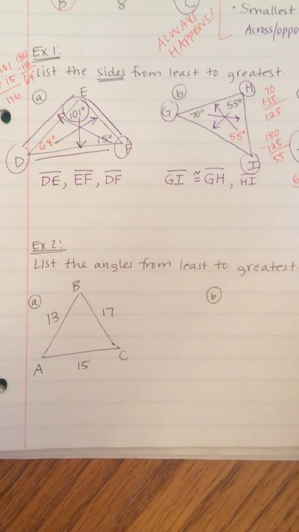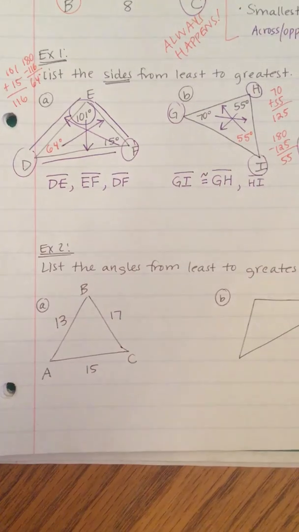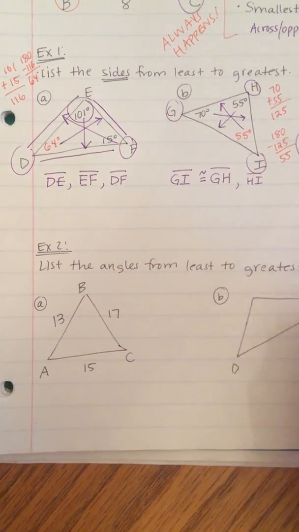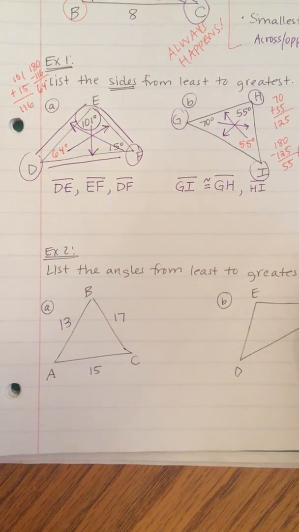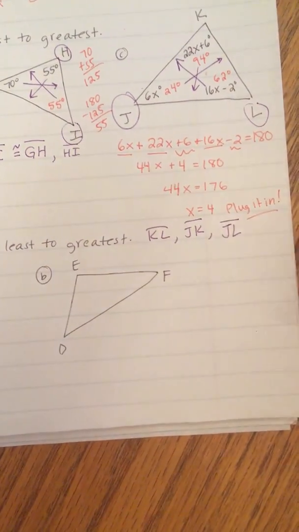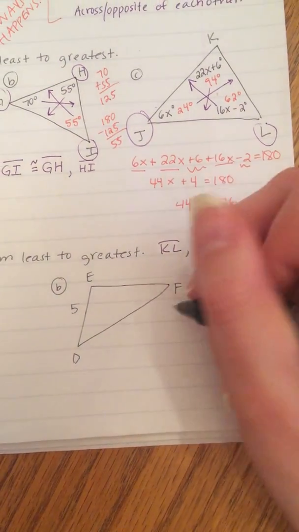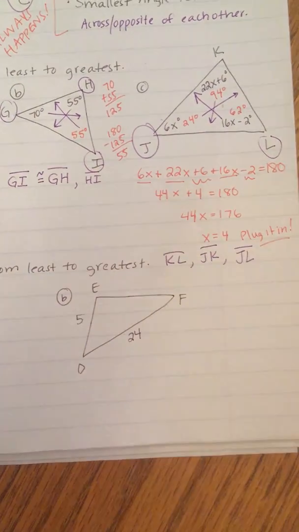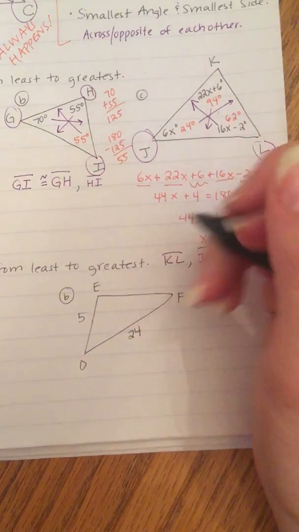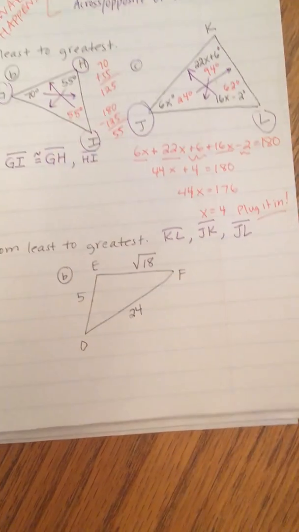Okay, and then the last triangle. Let's call it D, E, F. Side DE, let's make that 5 units long. Side DF, let's make it 24. And switch it up. Let's make side EF the square root of 18.